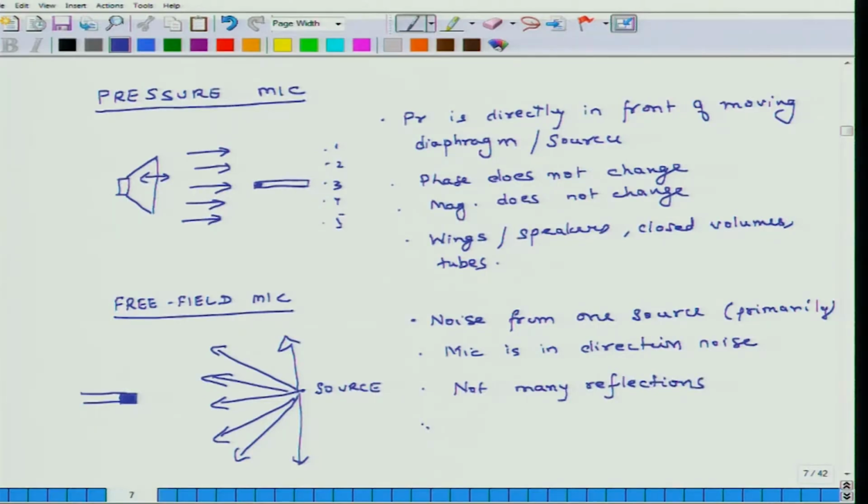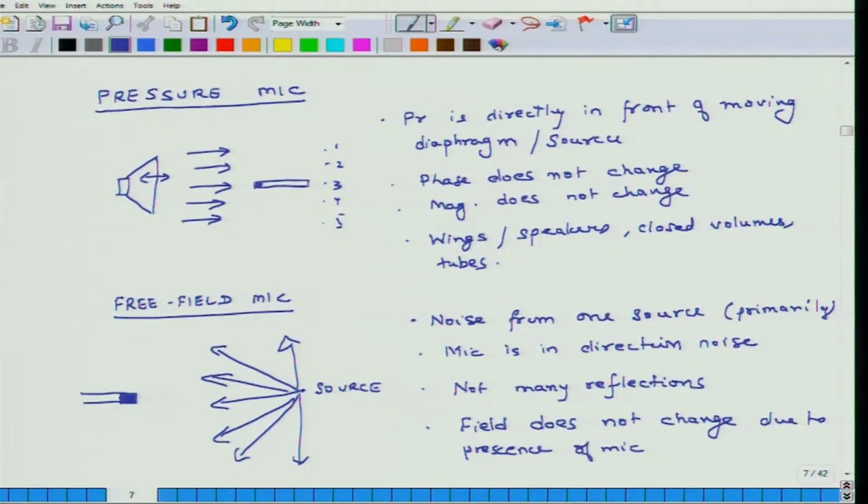And then the other thing is that the field does not change due to the presence of the mic. And we will talk about it.